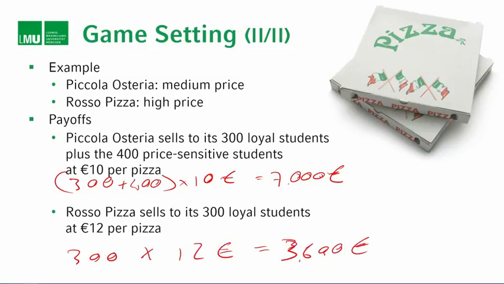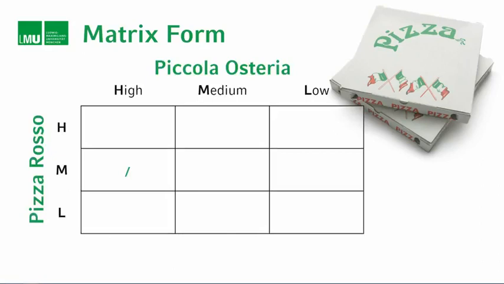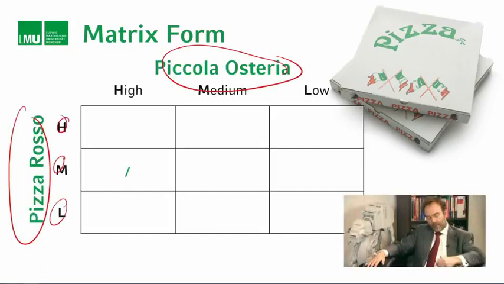From that, we can basically just construct the entire payoff matrix, like we did in the previous example on toothpaste. Let's have a look here. We've got Pizza Rosso, we've got Piccola Osteria, and we've got the three strategies, high, medium, low, for both players.